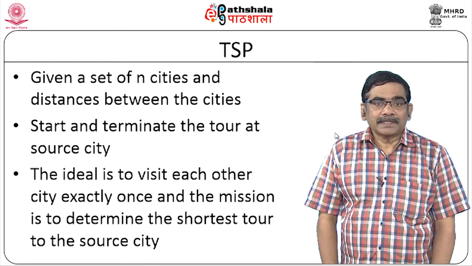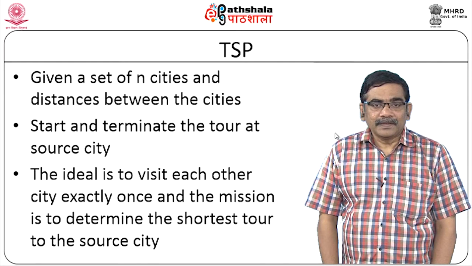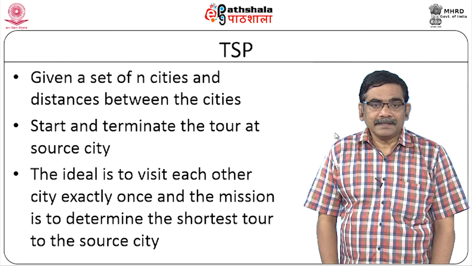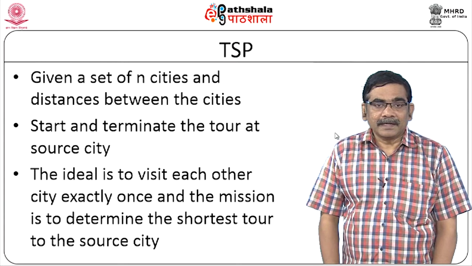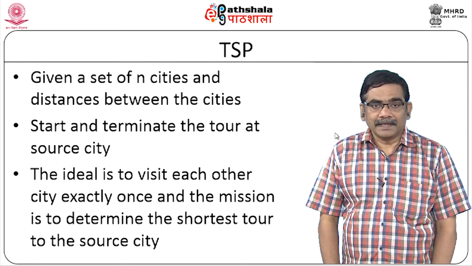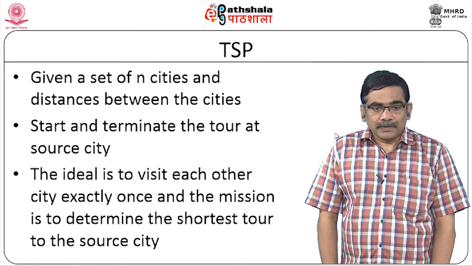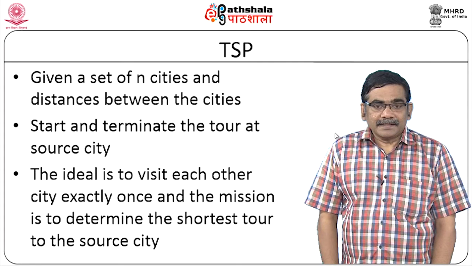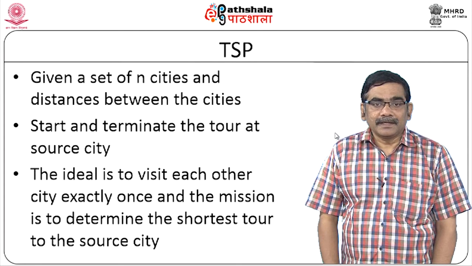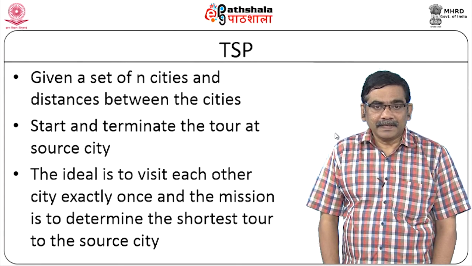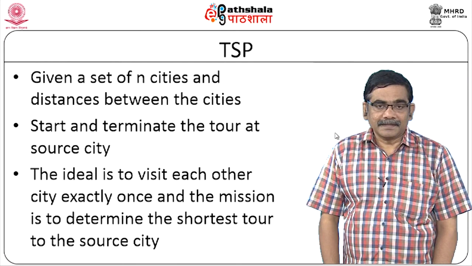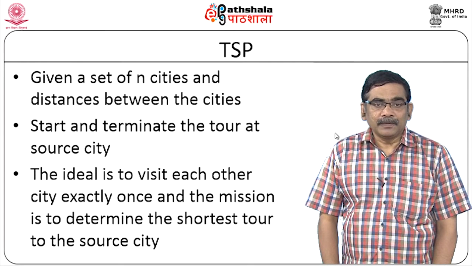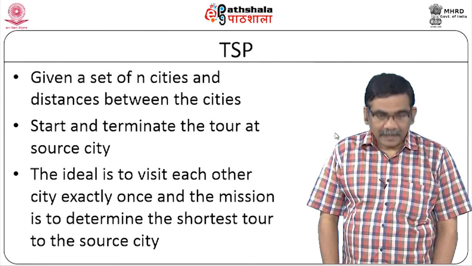A tour starts from a city, visits all other cities, and then gets back to the original city. So, this finds the shortest path among the various tour possibilities. In other words, we have to find the minimum cost tour as part of TSP.